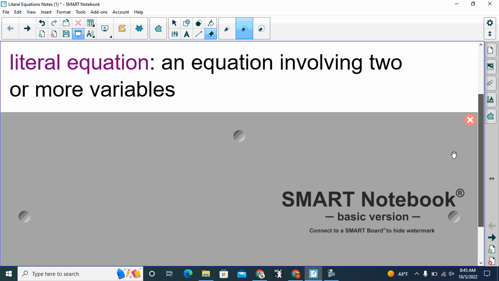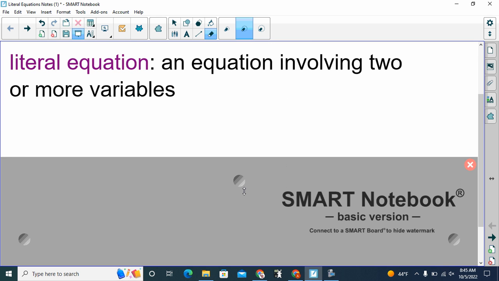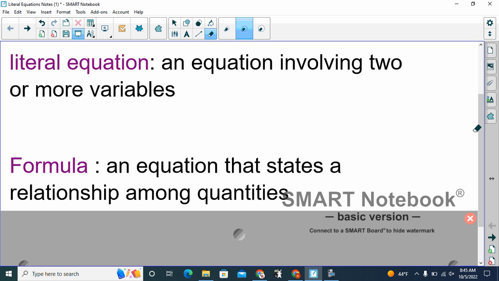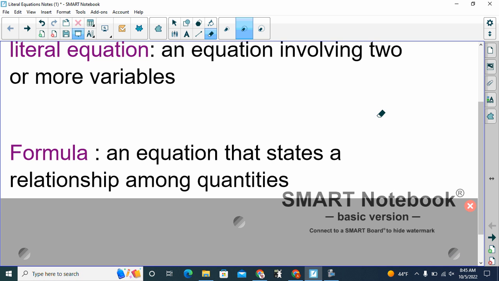And then the other term we need to look at is formula. A formula is an equation that states a relationship among quantities. A formula you may be familiar with is area of a rectangle.